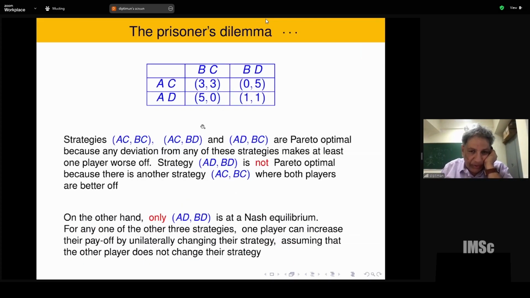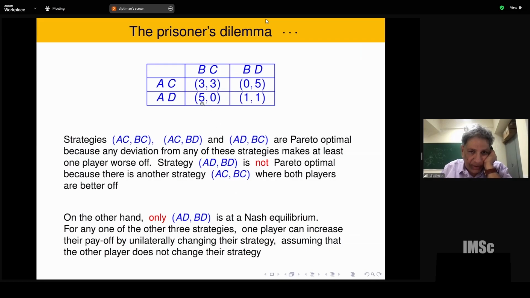So let's go back to this payoff table. I've already explained why three of these are Pareto optimal and 1, 1 is not. On the other hand, if you look at the concept of Nash equilibrium, you can see that 1, 1 is at a Nash equilibrium. Why is that?